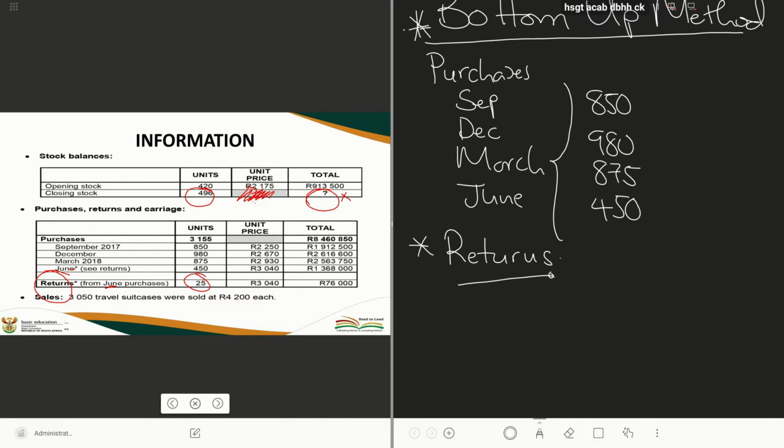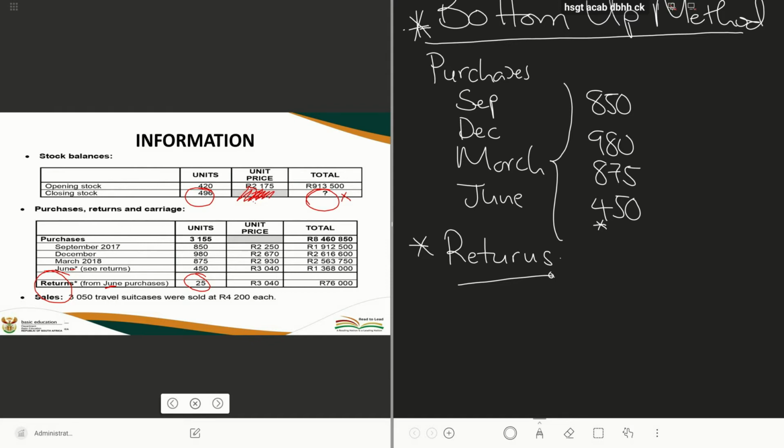To whom were they returned? Definitely the supplier. It therefore means here we do not have 450 anymore, because 25 units have been returned.